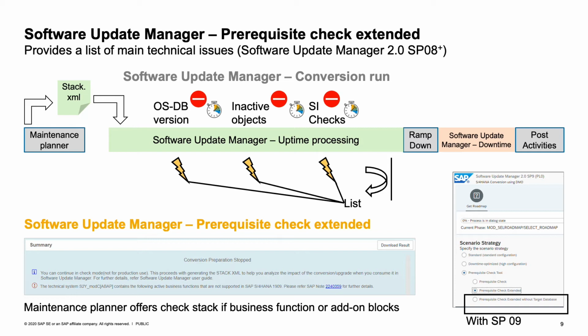But now with SP9, it's possible to run this check without the HANA target database already being there. Because it may take a while until you have provided this, that's why we are offering this as an additional option for the Prerequisite Check Extended. That is the news we have on this.